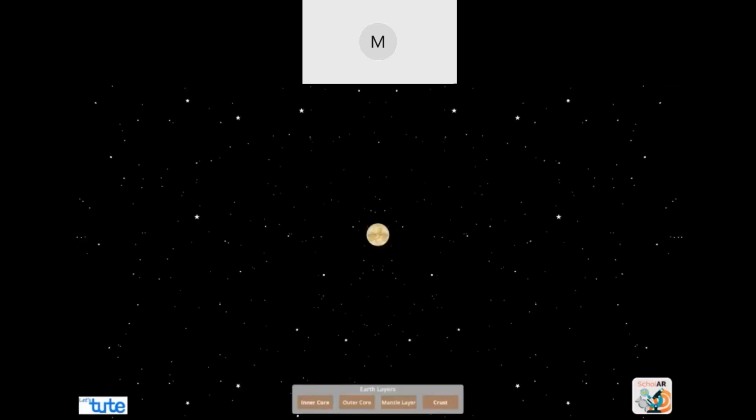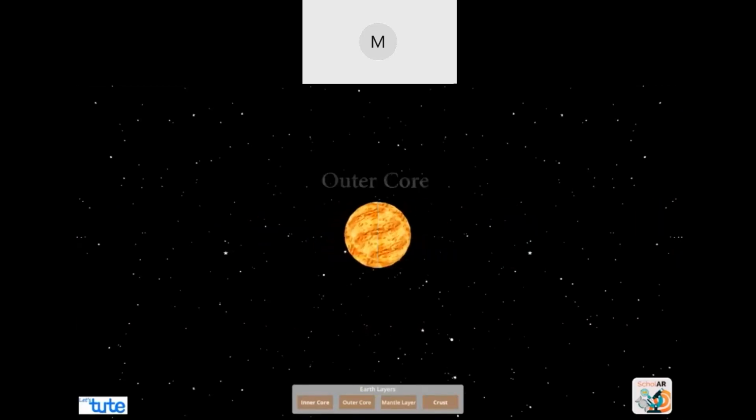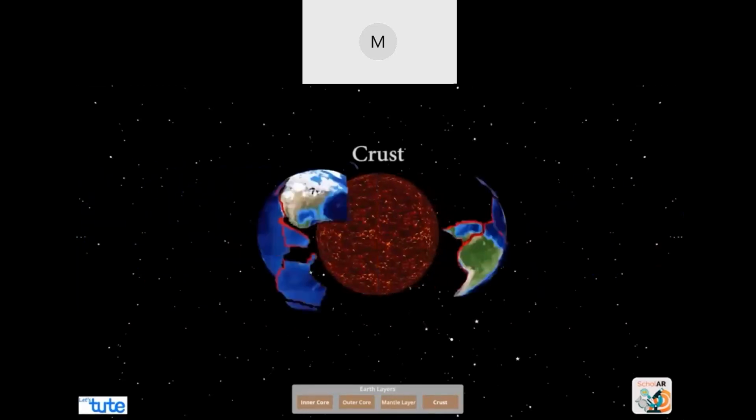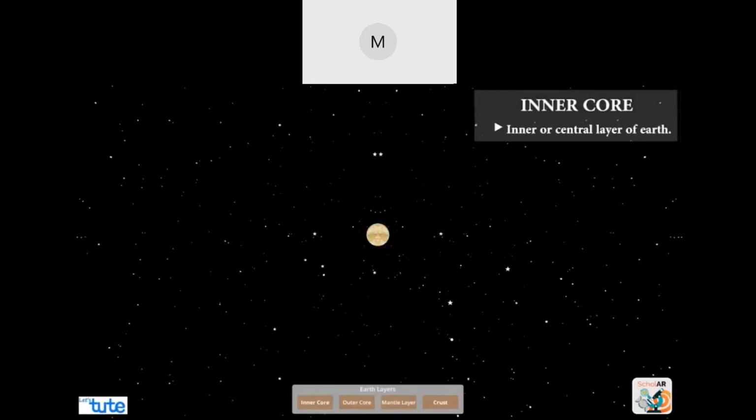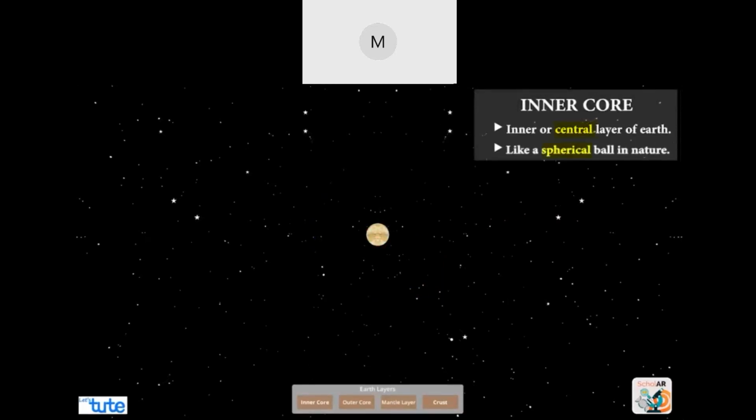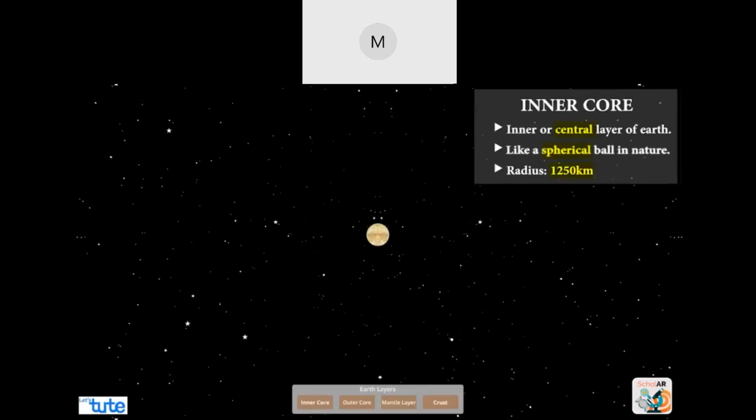What we can see on the screen is the inner core of the earth, and then we have the outer core, mantle, and crust. The inner core, as the name suggests, is the innermost layer or the central layer of earth. It is like a solid spherical ball in nature with a radius of 1250 kilometers.